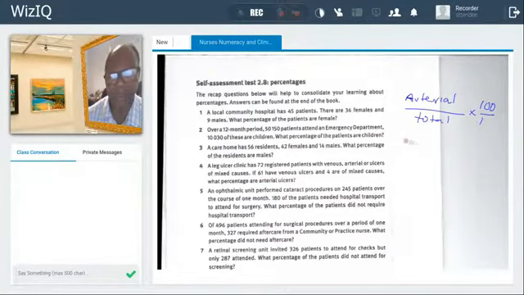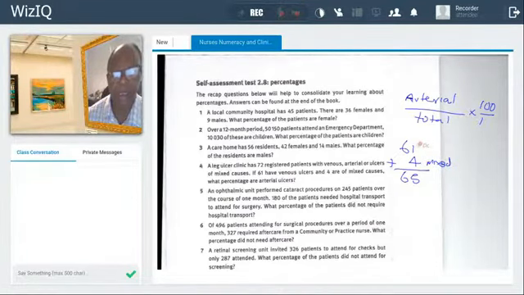So 61 plus 4 will give us 65. And this is 65, 4 are of mixed, 61 are venous. Okay, so this is mixed, and this is venous.